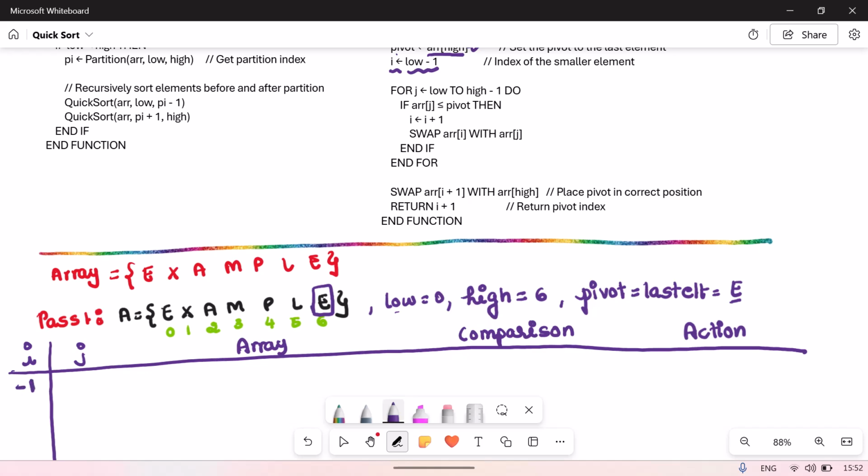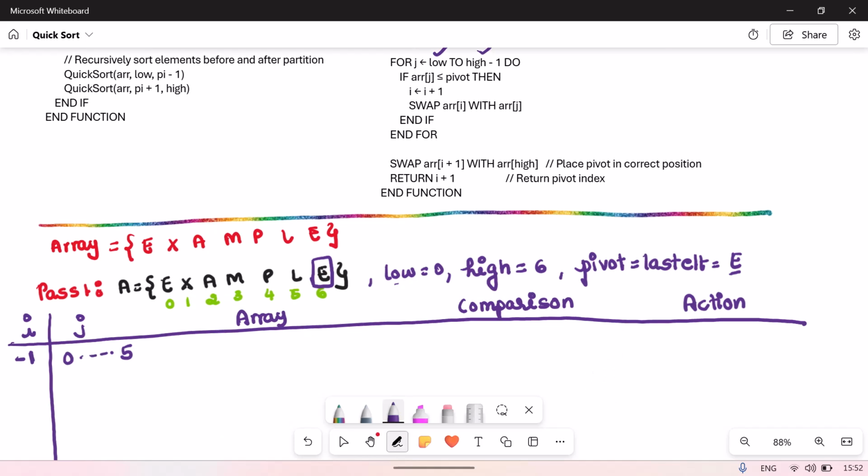Next, for j equal to low to high minus 1 do. In this case, low is 0 to high minus 1. High is 6, so 6 minus 1 is 5. So the loop will go from 0 to 5. And what is the comparison we do?